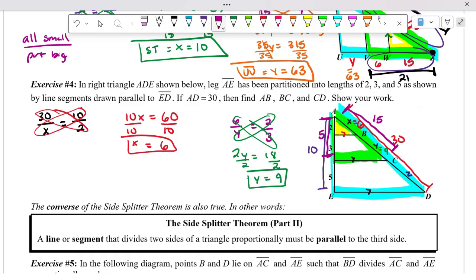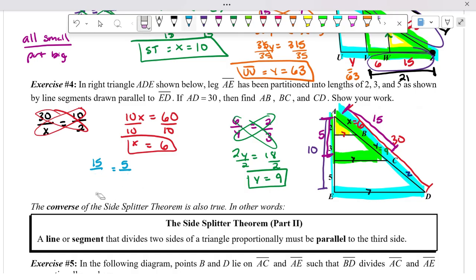So remember, if you do all the small part of the big, you got to make sure that if the small is broken up into 2 pieces, you got to add those 2 pieces. So how would I set my proportion? I would do 15 over z, 5 over 5. Oh, whoops.